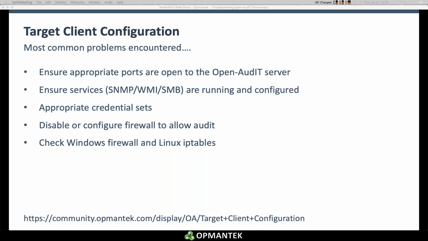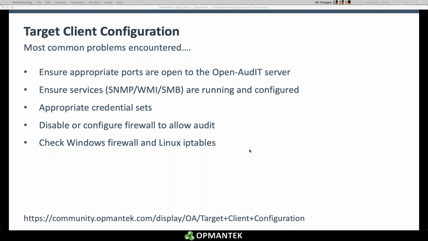Generally speaking, these are the types of situations: either ports and protocols aren't open so the Open-AudIT server can't talk to the machine or the machine can't respond back, or the local machine itself is locked down in such a way that it can't allow the audit query from the Open-AudIT server, or cannot return the results of the audit back to the server.